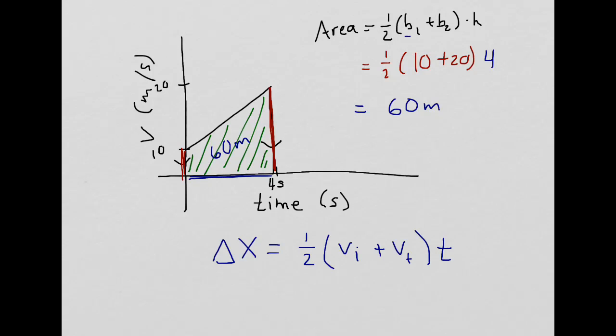Okay, so let's try and find a formula that relates position and acceleration. So let's take what we know onto the next page. We know that delta x equals the average of the velocities, vi plus vf, times time.